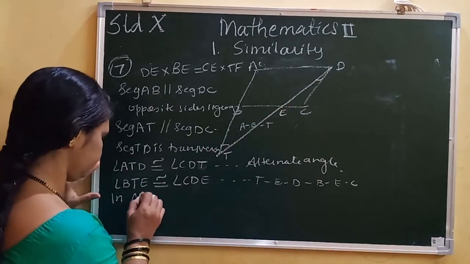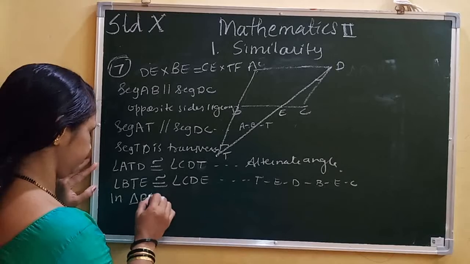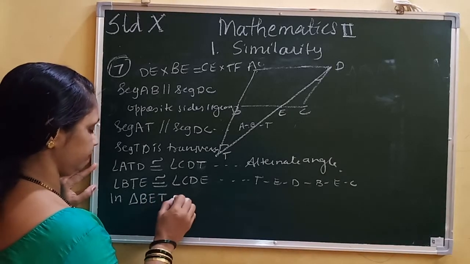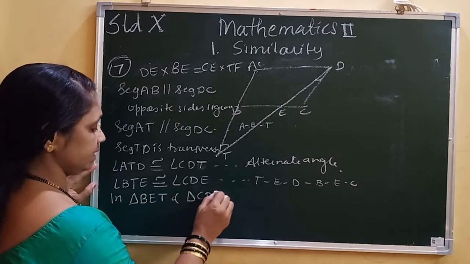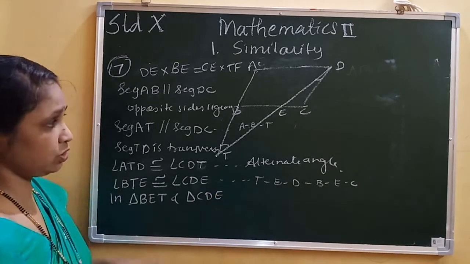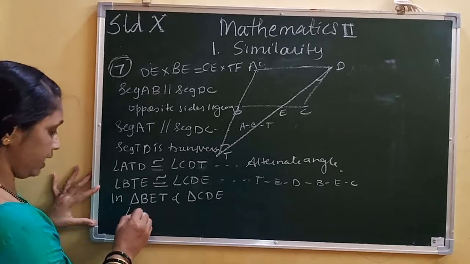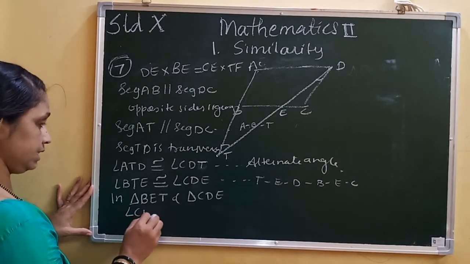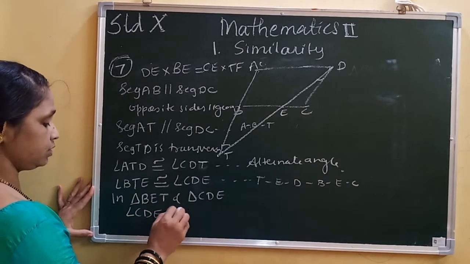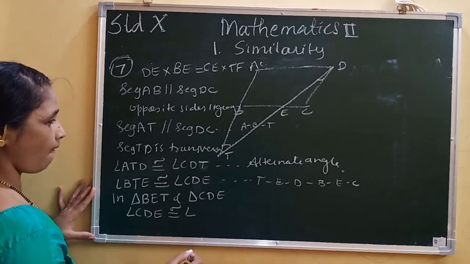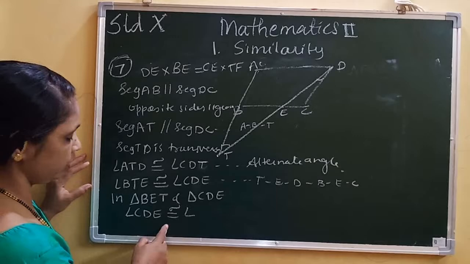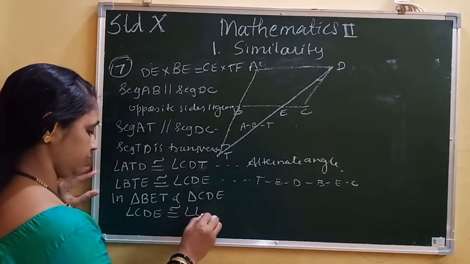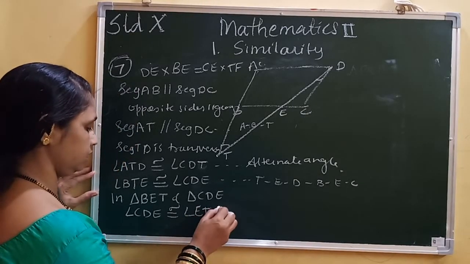In triangle BET and triangle CDE, these two triangles, angle CDE is congruent to angle ETB.